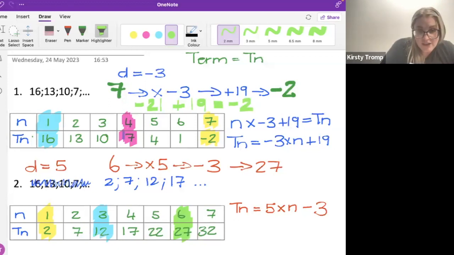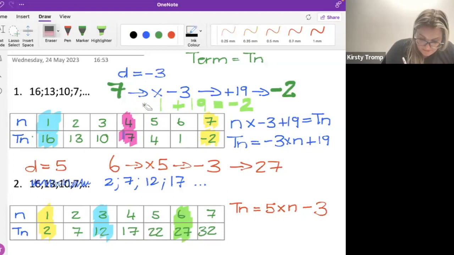Does that make sense, Anaki? Yeah, I can see it, ma'am, now. Ma'am, what does this stand for? D stands for the difference. So what did I do to 16 to get to 15, to get to 13? I minus 3, hey? What did I do to 13 to get to 10? Minus 3.